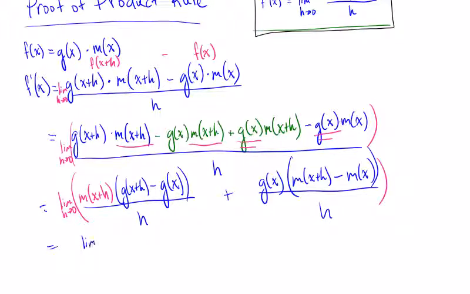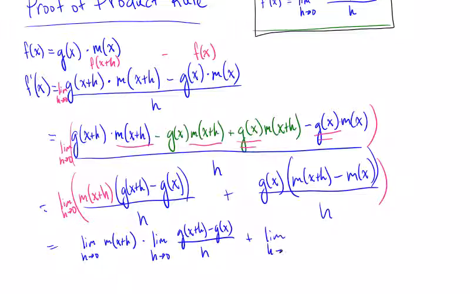So I can say the limit as h approaches 0 of m of x plus h, I can isolate that, times the limit as h approaches 0 of g of x plus h minus g of x all over h, right?